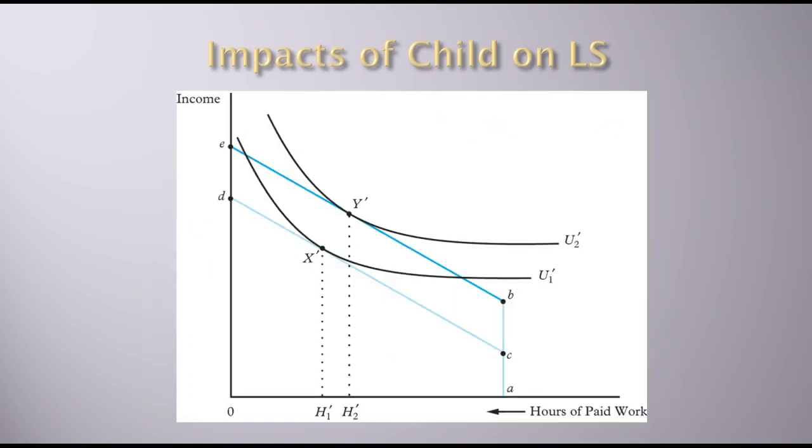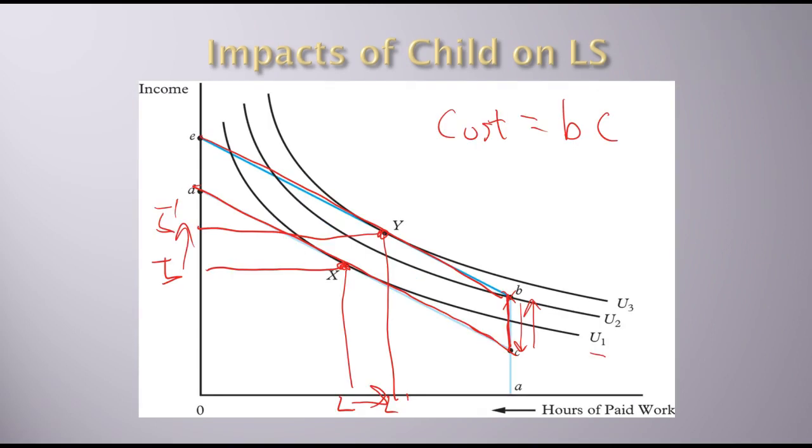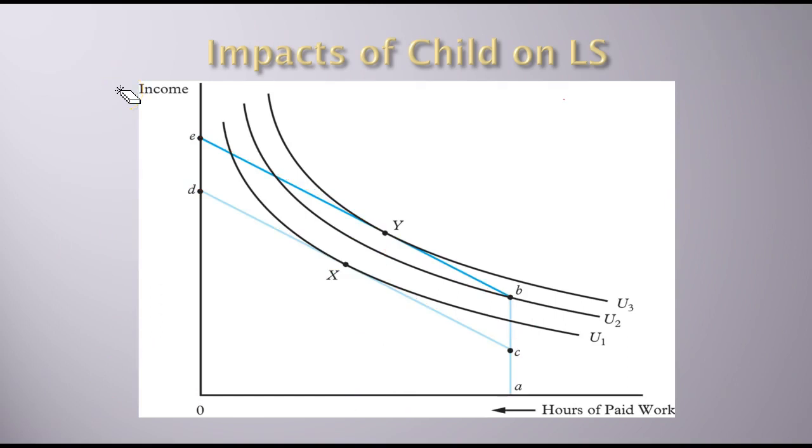And so if we look at another example here, let me get rid of this. If we look back at this original example, in the first case, the budget constraint was B, C, D. In this case, sure, they would work at X if they were working, but because that B is there, because they have that non-labor income, they're going to choose this point here.